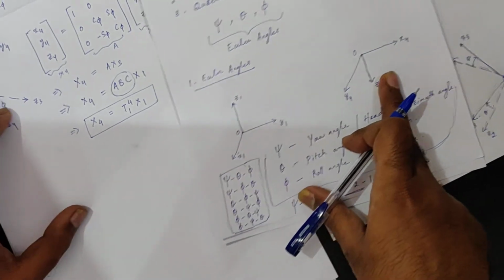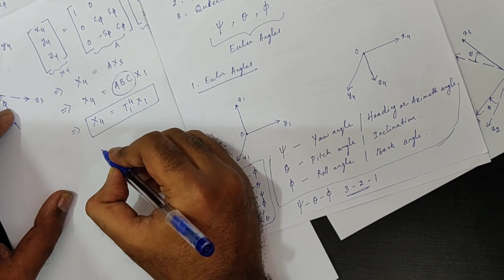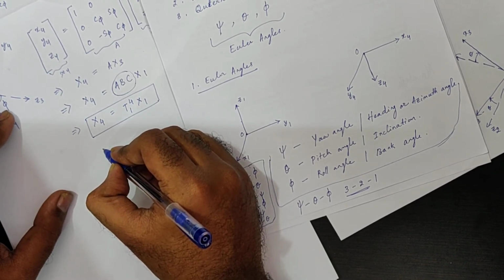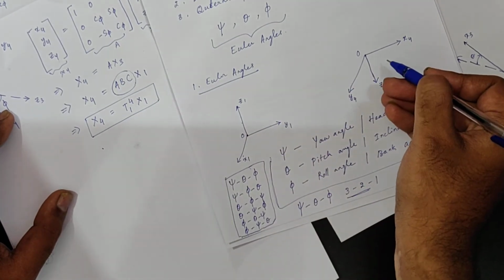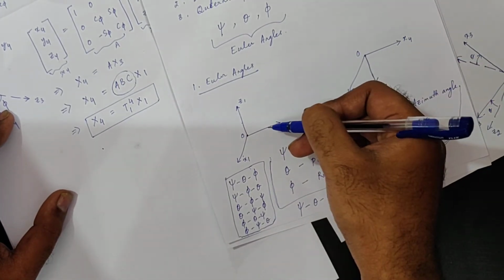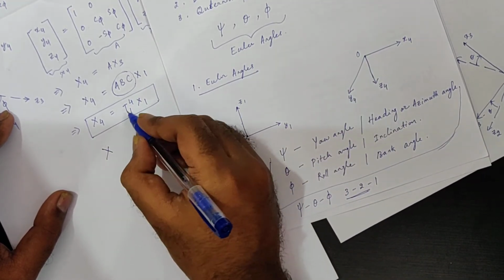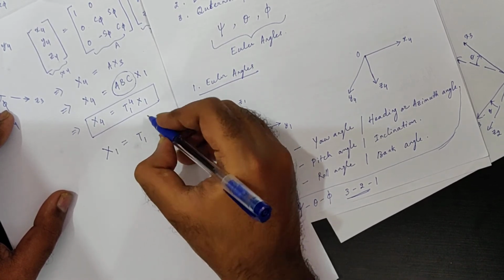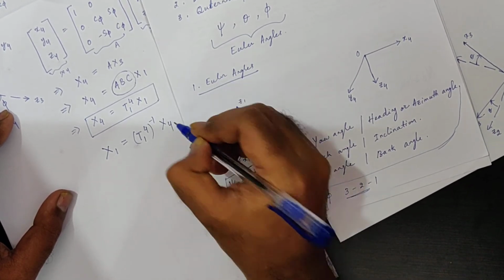performed. Similarly, as we had earlier discussed, if we want a vector in the body fixed coordinate system to be seen in the earth fixed coordinate system, then this expression becomes T1 4 inverse x4, right?